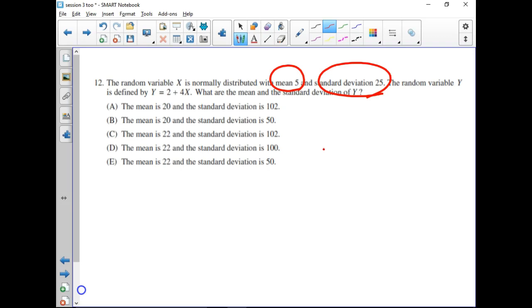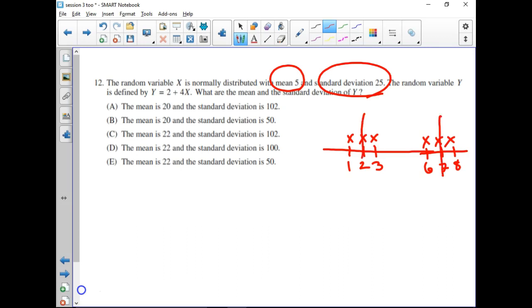Addition, yeah. And just like a little review for you, if I just had 3 numbers, 1, 2, and 3, and if I added 5 to them, I would be up at 6, 7, and 8. Nothing changed with the spread. But the center did move up by 5.